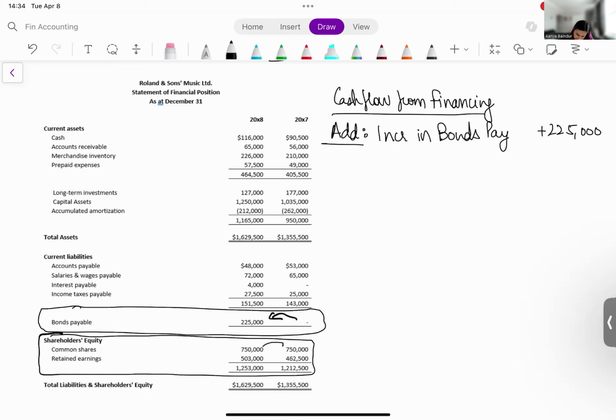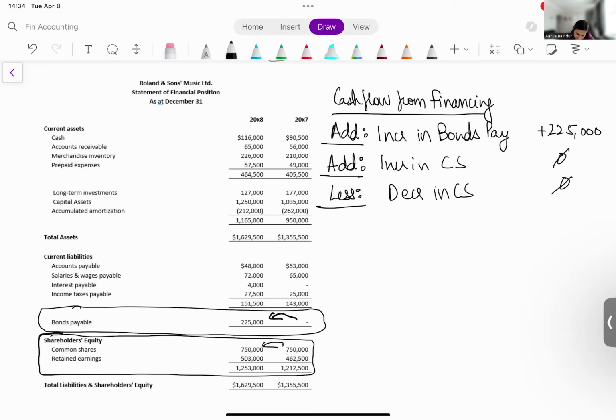Next, we see our common shares is the same. In this question, it happens to be the same. But if it wasn't, then we'd add any increase in common shares because when we issue shares, our cash increases. So increase in common shares, and we'll less out any decrease in common shares. It just happens to be 0 for this question.